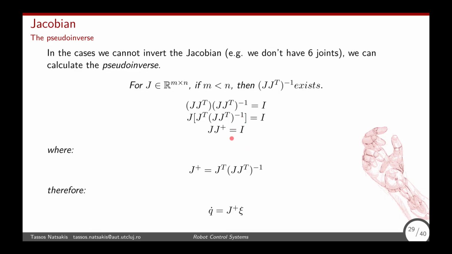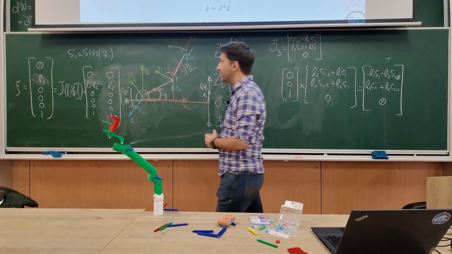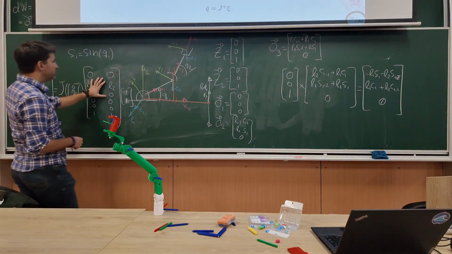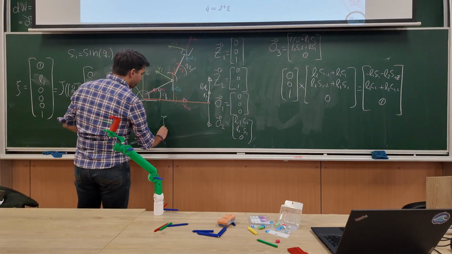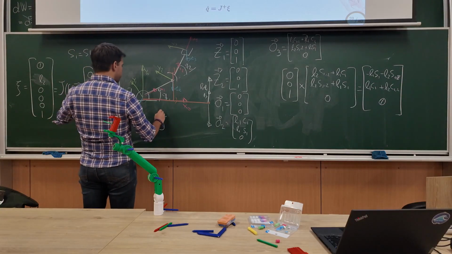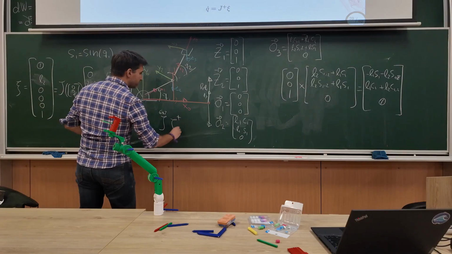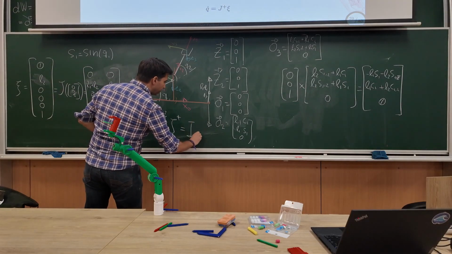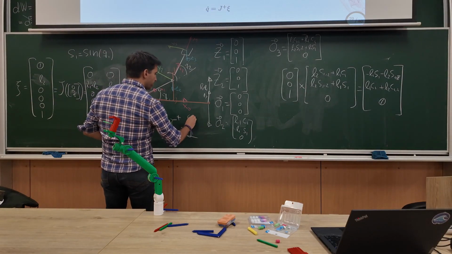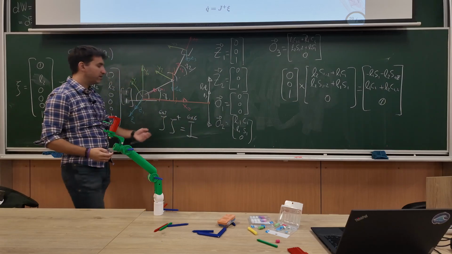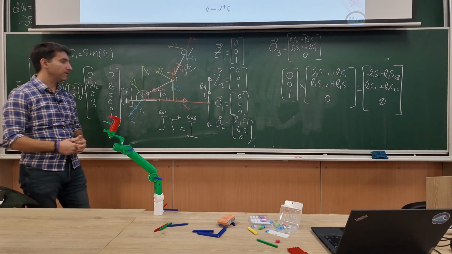If we multiply it from the right one, we end up with identity, but it doesn't work on the other side. So if I multiply it from the left, it's not going to end up with identity. And you can imagine why. Like if this is my Jacobian that has 6x2, then the pseudo-inverse, in order to give me identity, what should be its size? 2x6.